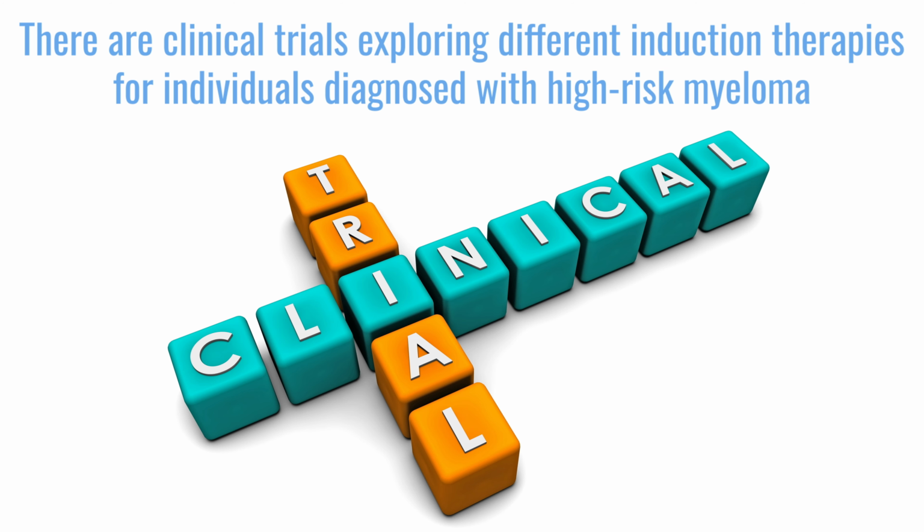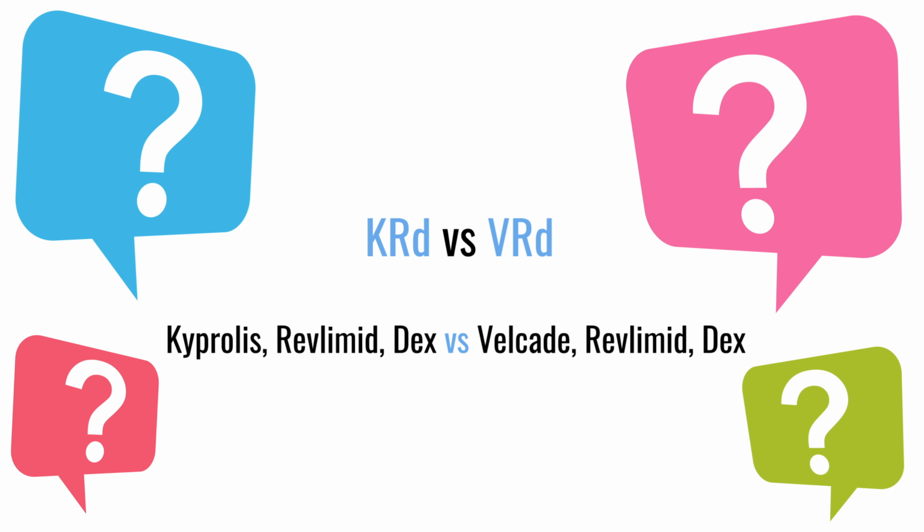There are now some debates as to whether certain medicines should be used in high-risk disease as part of the induction. And there are clinical trials currently comparing the use of carfilzomib instead of bortezomib in high-risk disease patients, and whether there is an added benefit or better control of this disease by using this change in the triplets that we use as part of the induction.